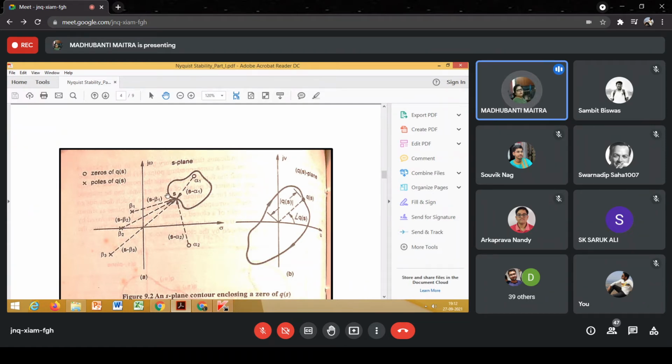As we traverse along this closed contour, the tip of the phasor will also move along this contour, and in the process, the phasor will undergo a net change in angle. So what will be the net change in angle of this phasor as we move along this contour?